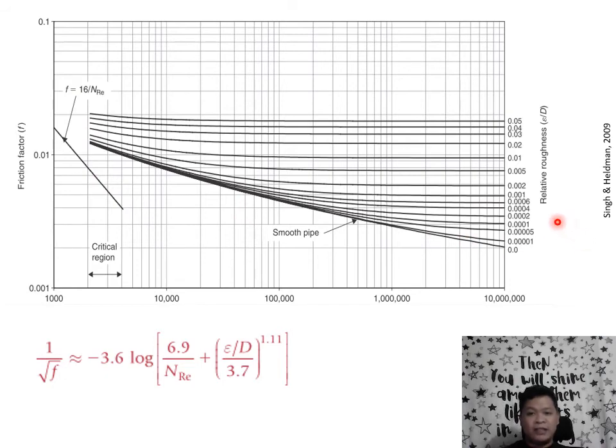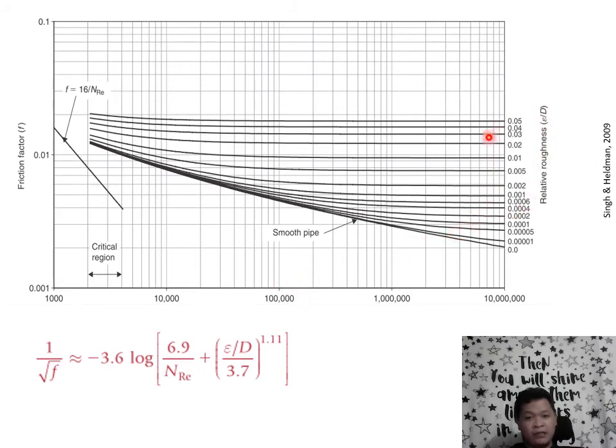So, depende yan sa pipe material mo na may certain relative roughness, which is the epsilon value over the pipe diameter. Okay. And in this case here is the Reynolds number. Okay. So, how do you use this one? If you calculate the Reynolds number, pwede mo siyang tapos i-calculate mo rin yung relative roughness.